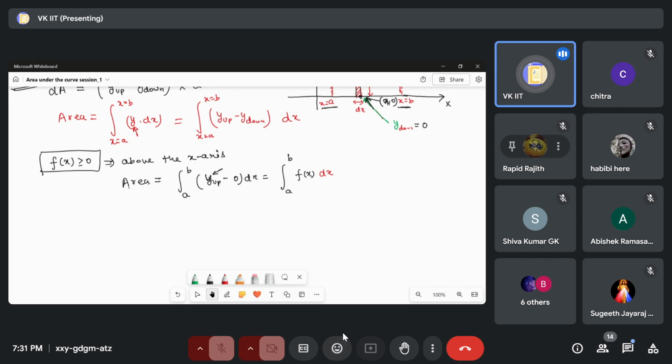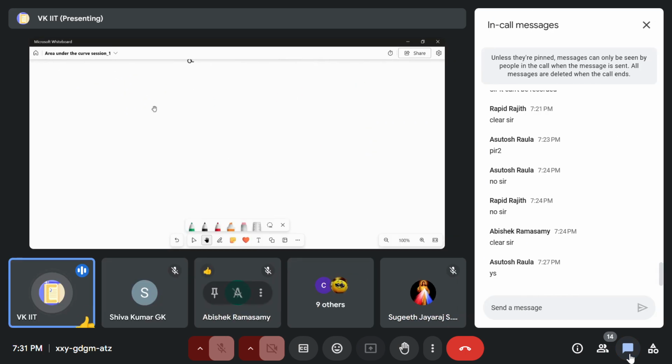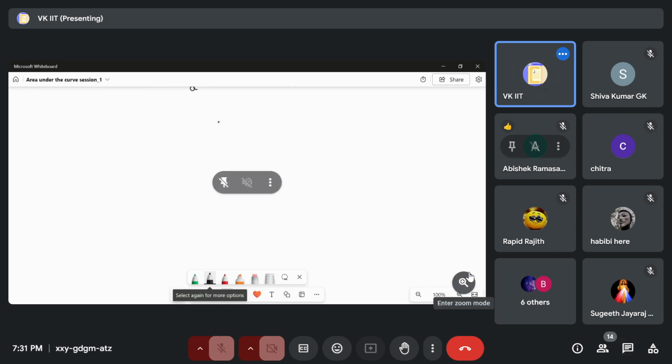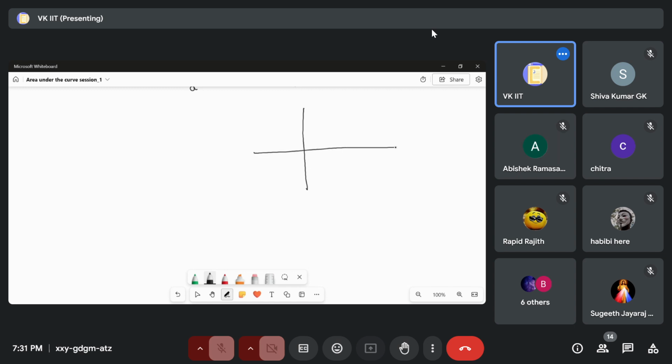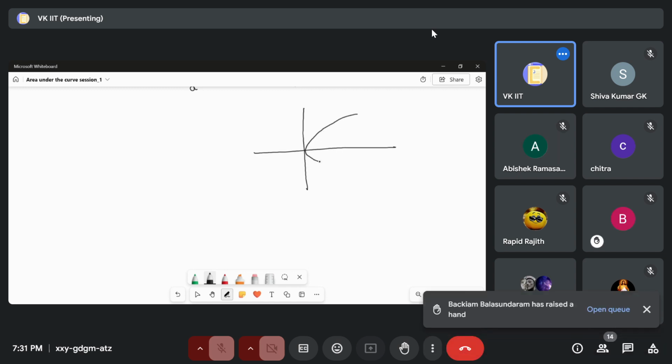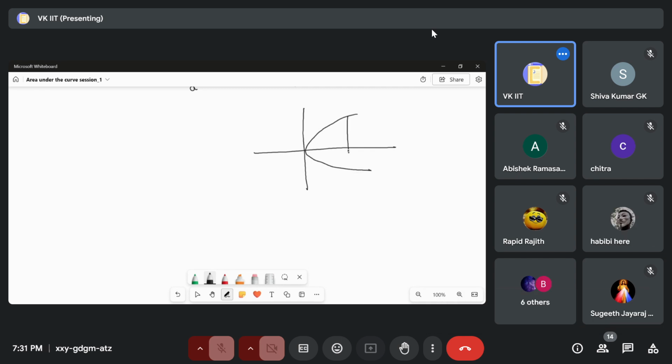The vertical strip idea is clear, how to follow that. Okay, I'm giving you one question. You will tell me the answer. Let's say this is the area we need to find out, and the limit is here from x equal to 0 to, let's say, 2.